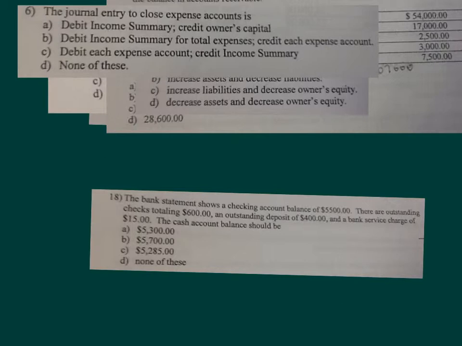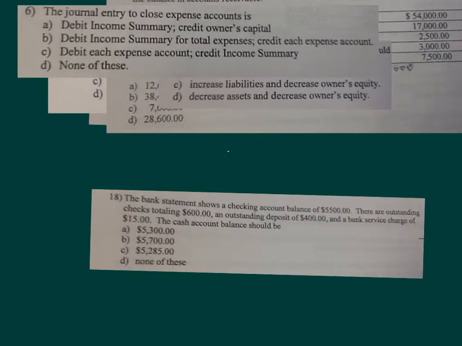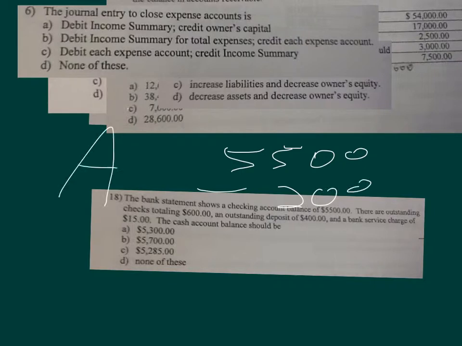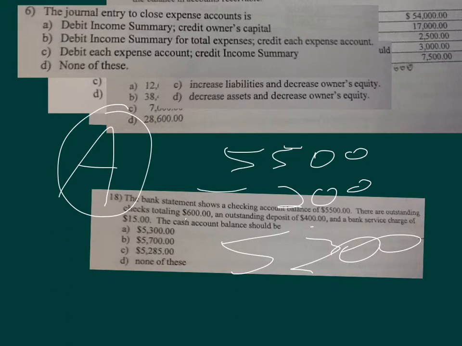So all we have to do is $5,500 minus the $200, because 600 minus 400, or plus 400 because it's a deposit, is going to be negative 200, and you should get 5,300 as your answer, which is A, and therefore that's what I did wrong, and that's what I did right.